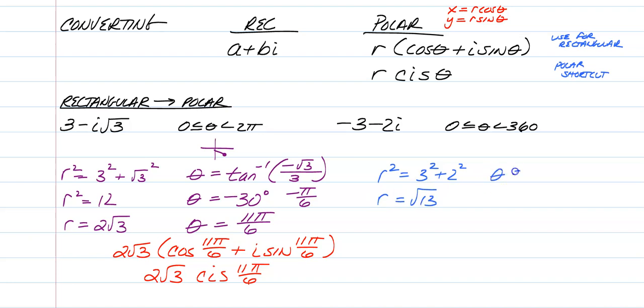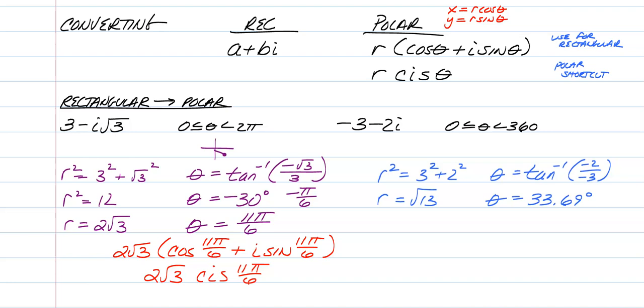Now theta, again, just like the other day, we're going to do inverse tangent of y over x. So that would be negative 2 over negative 3, which is going to be the same as 2 over 3. And theta this time is going to give us 33.69 degrees. And it's okay because we're staying in degrees, that is a weird funky decimal.